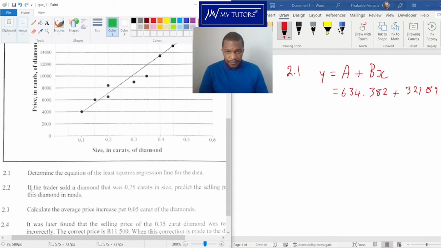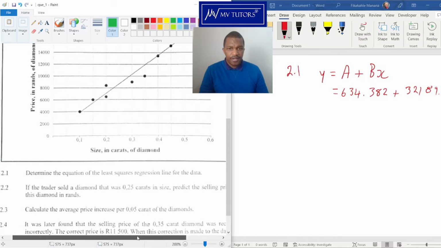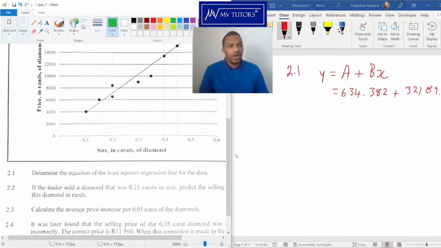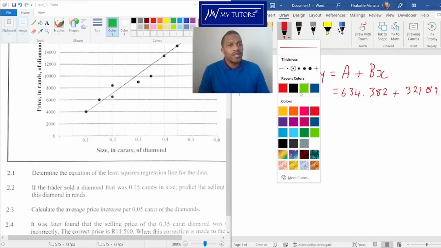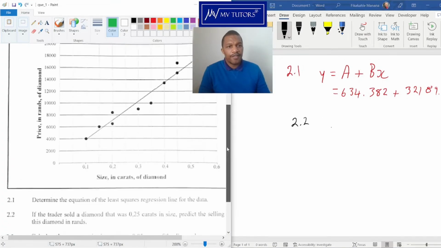If the trader sold a diamond that was 0.25 carats in size, predict the selling price of this diamond in rands. So now all we have to do really is just put this in an equation. The equation is this one, because they want the price of this, and remember the price is the Y value.